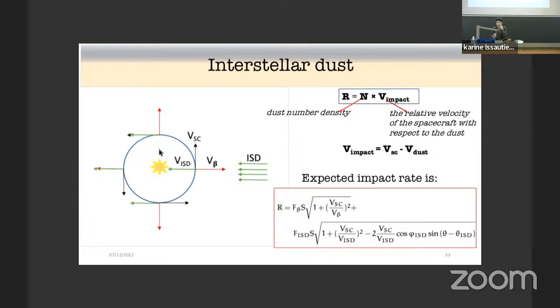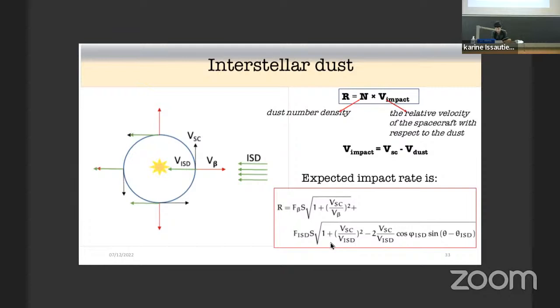And so we used some simple equation for that. So this is the rate of the flux, so the dust number density and the velocity of the impact, and the impact velocity is the difference between the spacecraft and dust velocity. And so this is the expected impact rate. So we consider the component for the beta meteoroids, and we consider the component for interstellar dust.